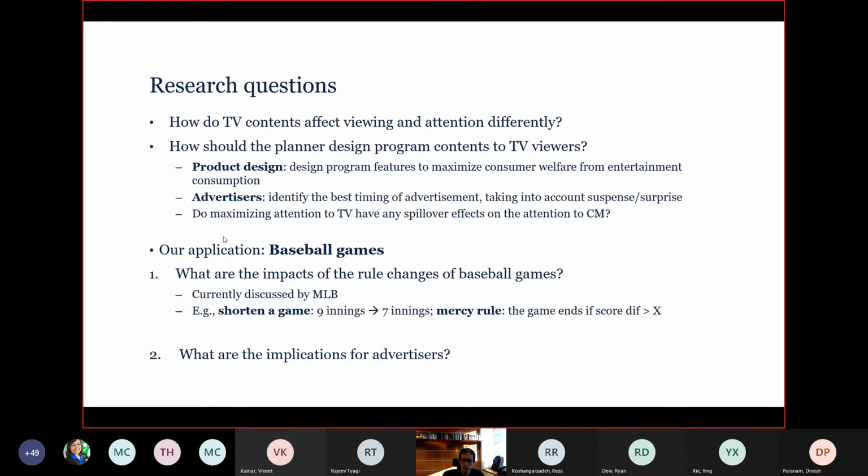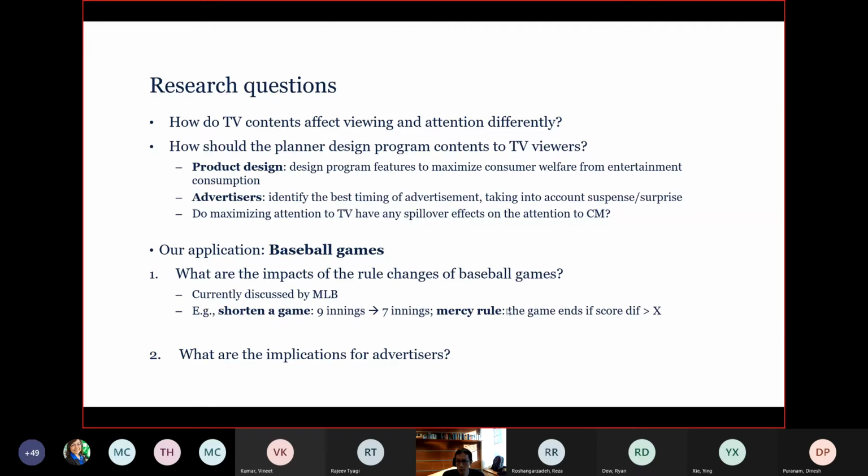The particular application in this paper is baseball games. We're going to look at Japanese professional baseball game telecasts. The program design aspects that we're going to look at are the rule changes of baseball games. Currently, Major League Baseball is talking about possible rule changes. For example, why don't we shorten the game from 9 innings to 7 innings?